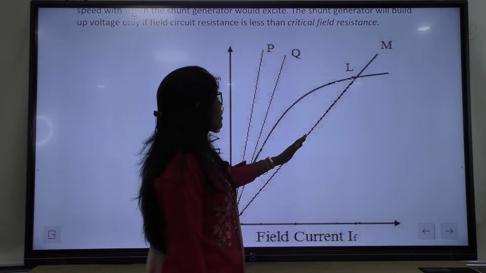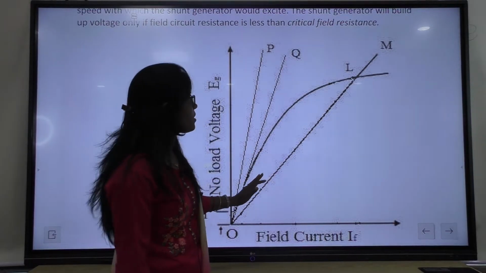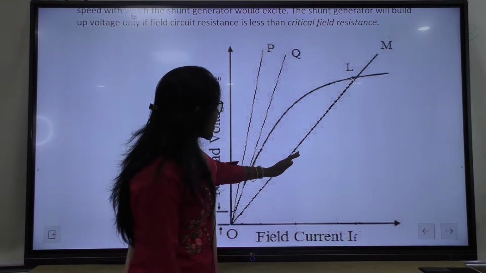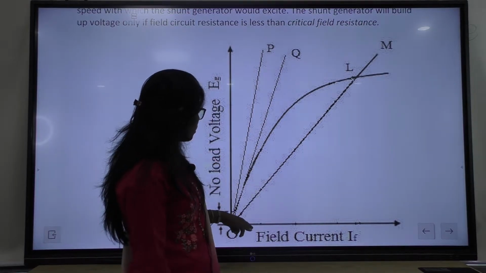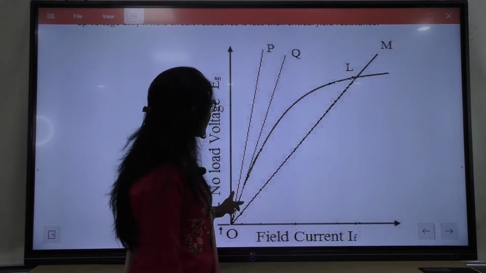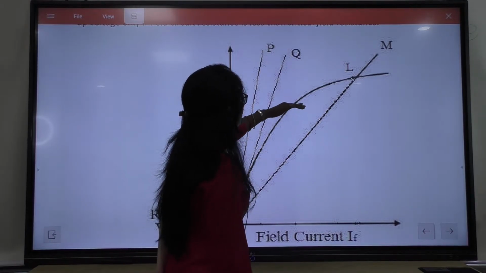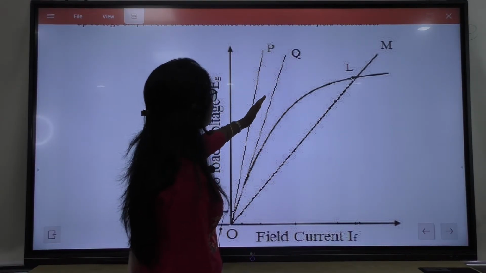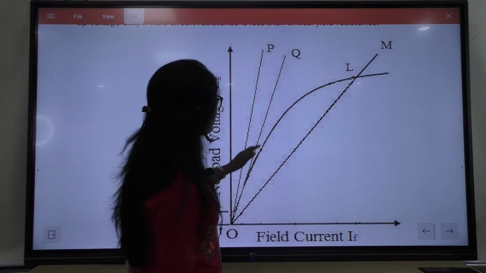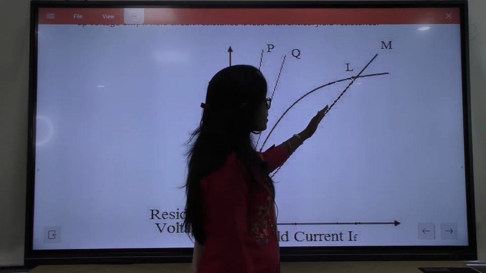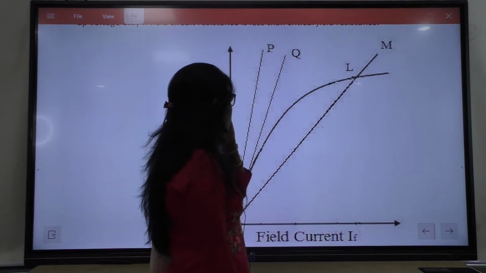If I increase the value of shunt field resistance, then the position of this line is shifted in this direction. In that case, our angle also increases. If we increase further the value of shunt field resistance, it increases to this point P. Okay. If we decrease the value of shunt field resistance, then this line will come in the downward direction, toward the OM line.